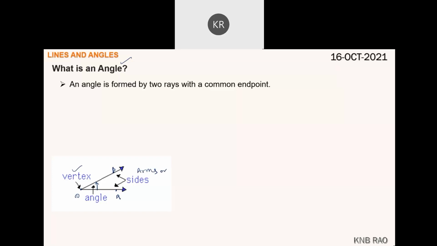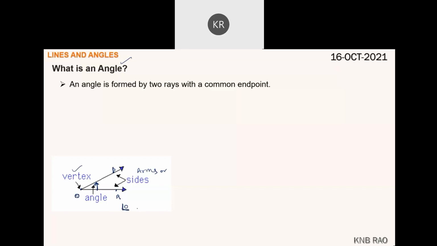And an angle is always taken in the anti-clockwise direction, and an angle is always read in two ways. One, using single letter notation, where the angle is formed at which vertex, at the common endpoint. That common point is used to name an angle.